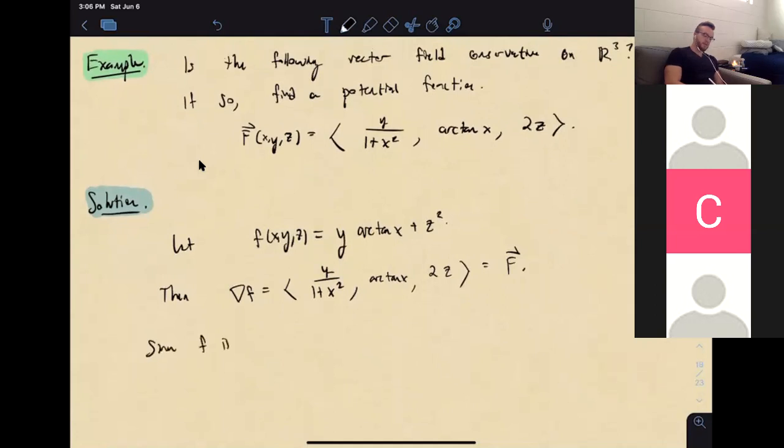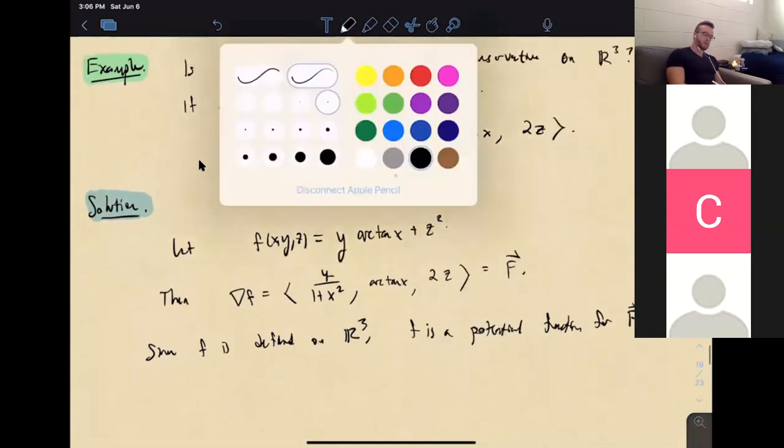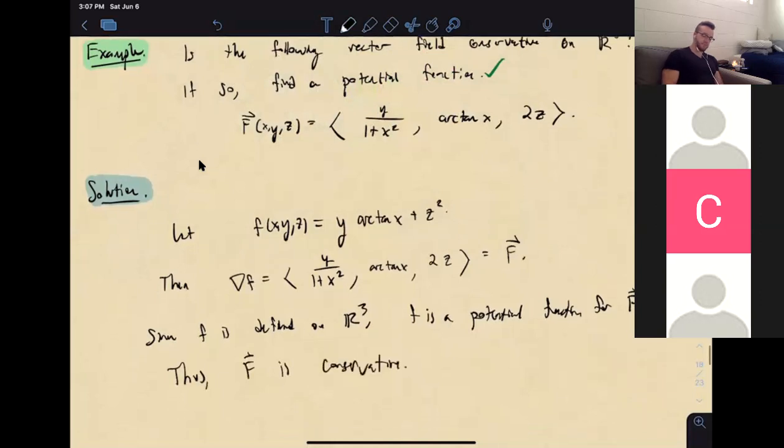So since f is defined on R3, f is a potential function for capital F. Therefore, we found the potential function, and this shows that capital F is conservative. Done. That would be my solution.